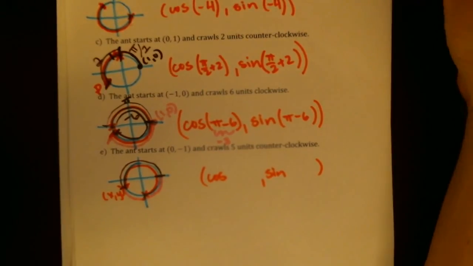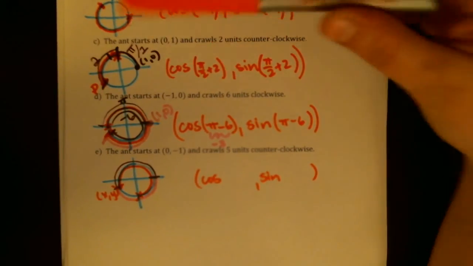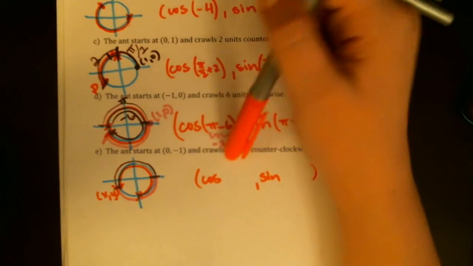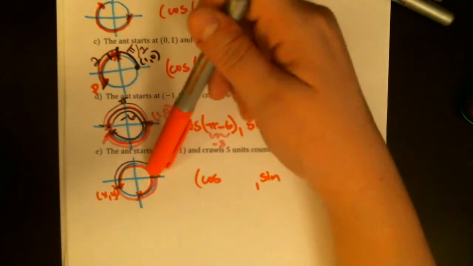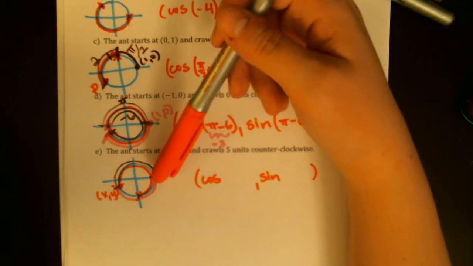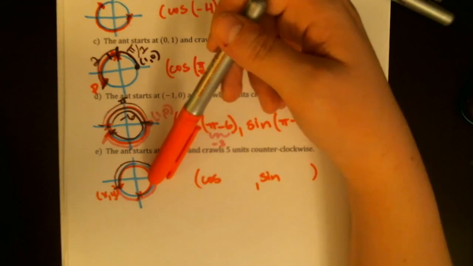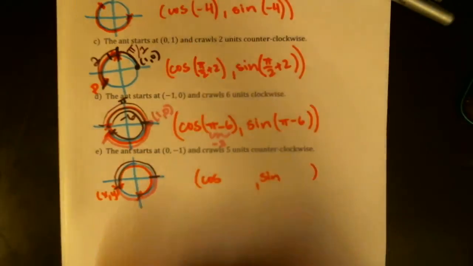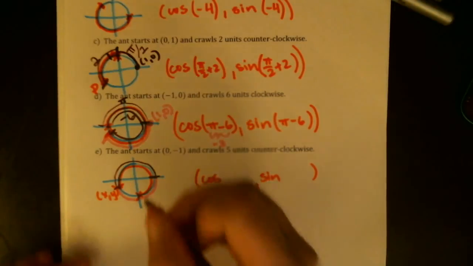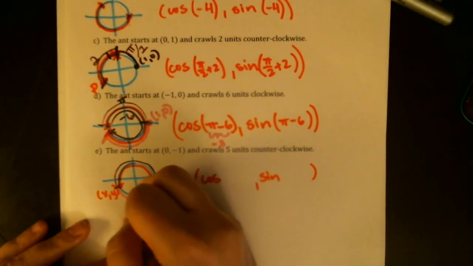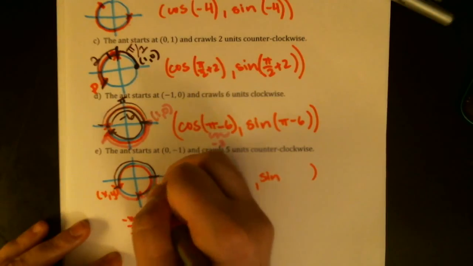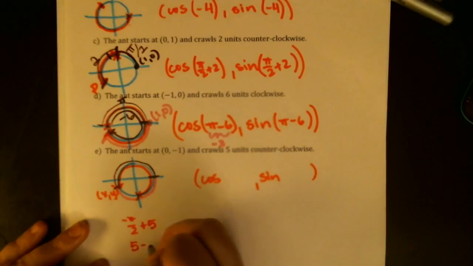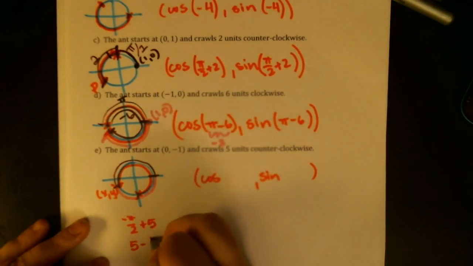So if I want to figure out what these are, if I go back to the ant's path, I know that this, see if I remember what it was, 5 units. So this is 5 units. So what can I see? I could see that I could do 5 minus pi over 2. So if you're thinking about that as a path, I would say to get down here, I have to go negative pi over 2. And then from there, I had to go 5 units around. But that really is the same as 5 minus pi over 2.